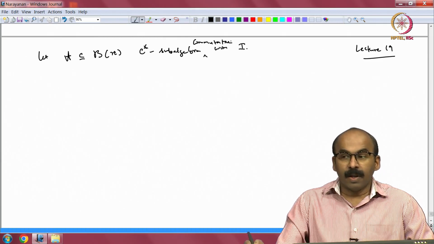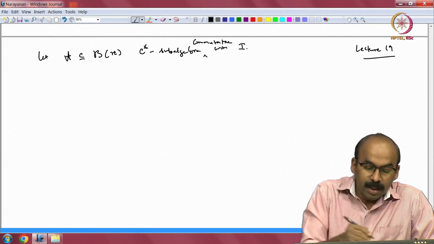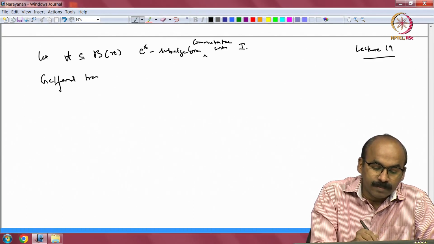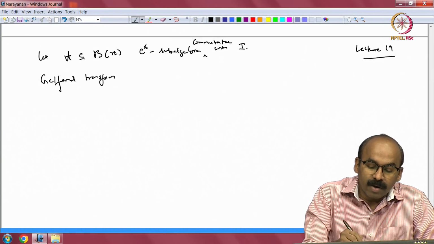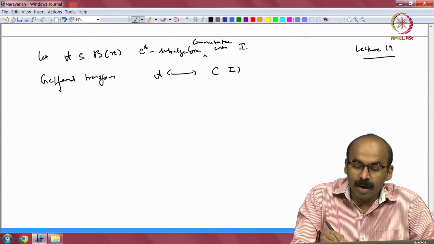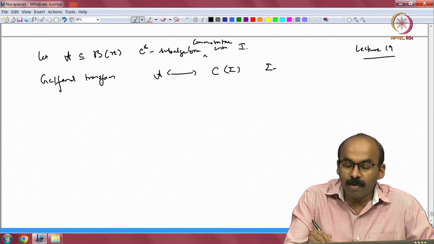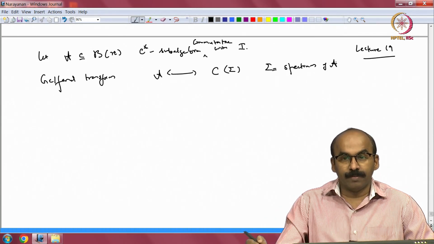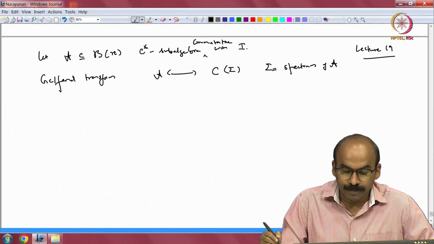Okay. Now, the Gelfand transform identifies A with C of sigma, where sigma was the spectrum of A, right. So, this was a change of notation we employed, spectrum of A. Okay.